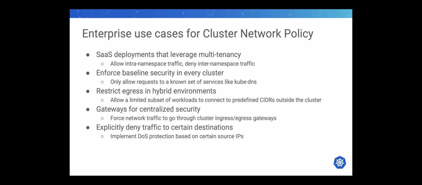So you need a way to explicitly deny certain traffic, either egressing or ingressing to your services or your pods. So these are some of the use cases that we collected over time. If you have any questions, feel free to unmute yourself and ask. I will move forward.